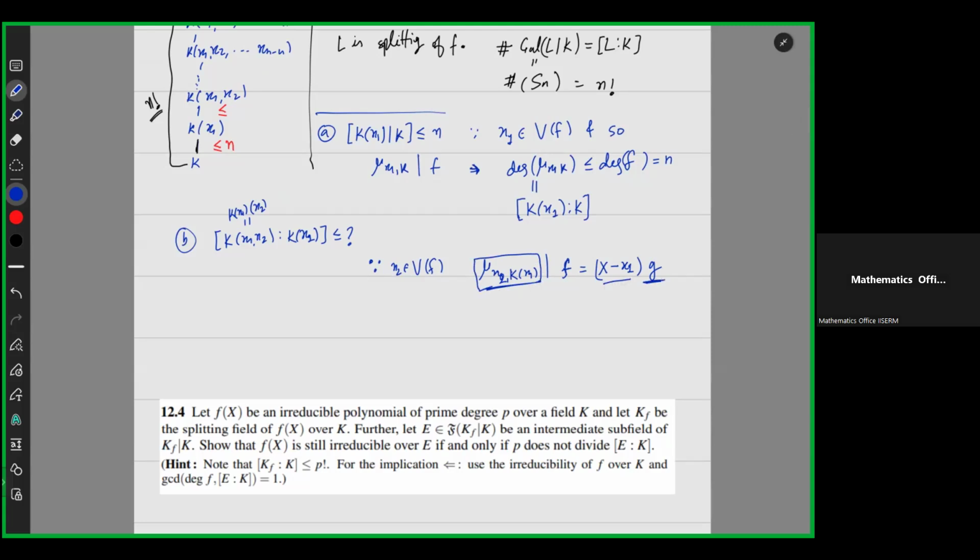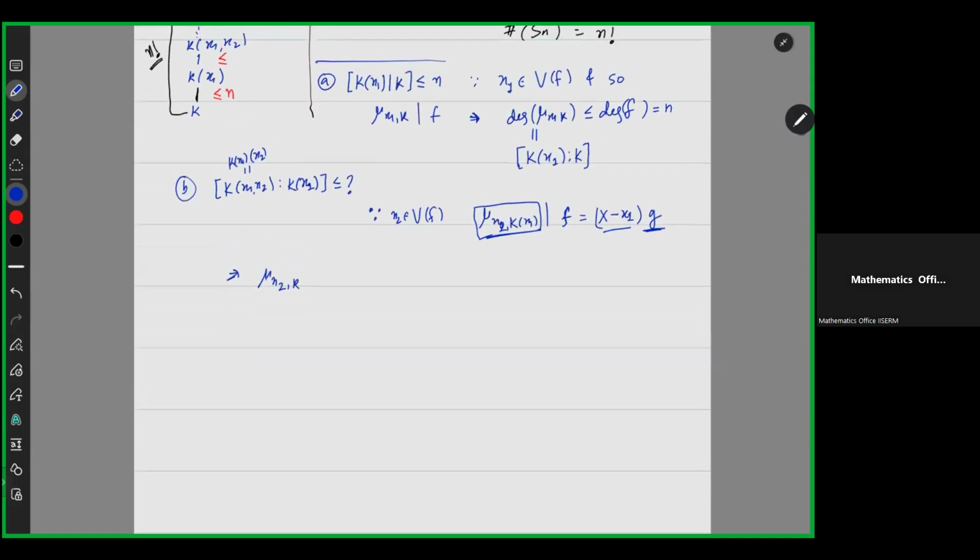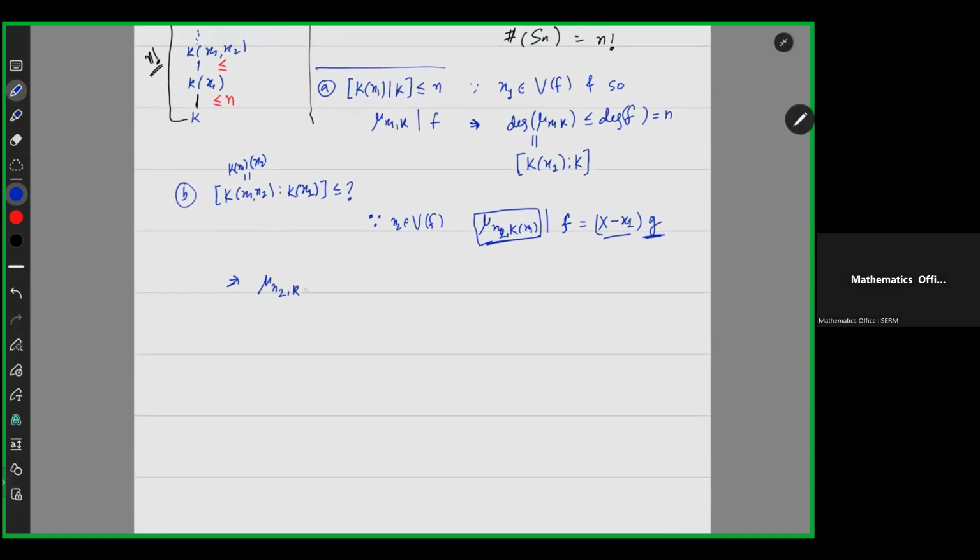Okay, good. So what happens here? This implies that mu x2 over K(x1) divides g, where the degree of g is exactly n minus 1.